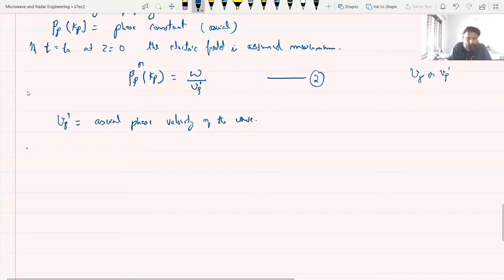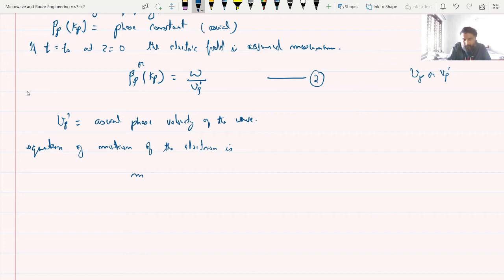Now I can write the equation of motion of the electron. The equation of motion of the electron is given by m e a. In your normal textbook it is given as m into dv by dt.